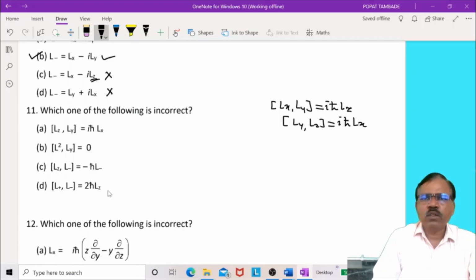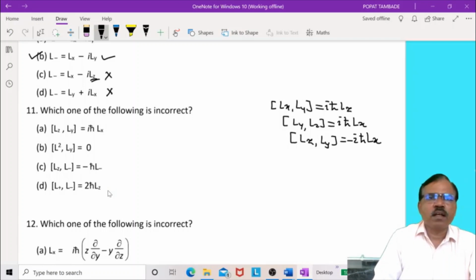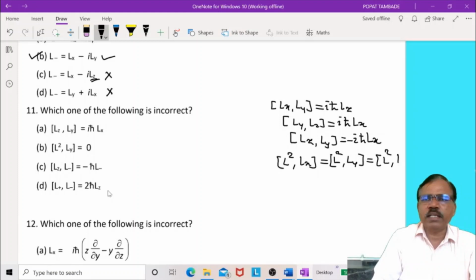So in this way, you have to go in XYZ cyclic order. If we take Lz comma Ly, it comes out to be minus iħ Lx. Also L square comma Lx, L square comma Ly, and L square comma Lz, all are equal to 0.